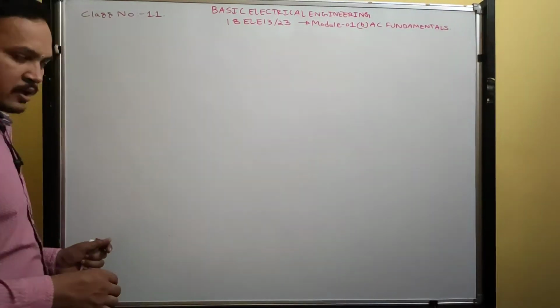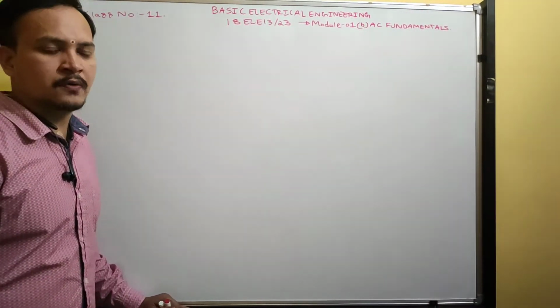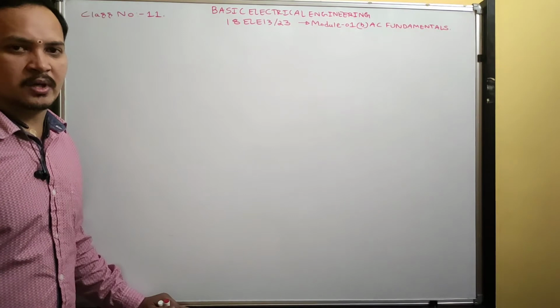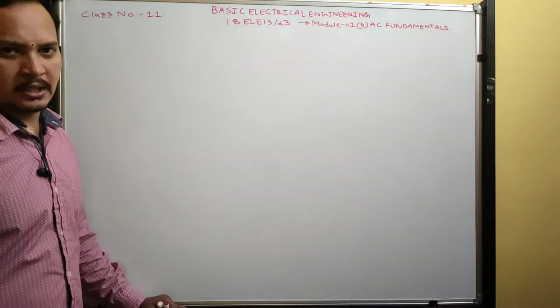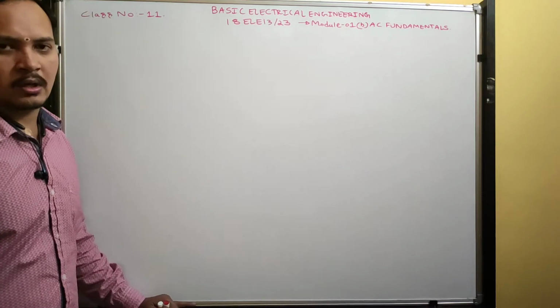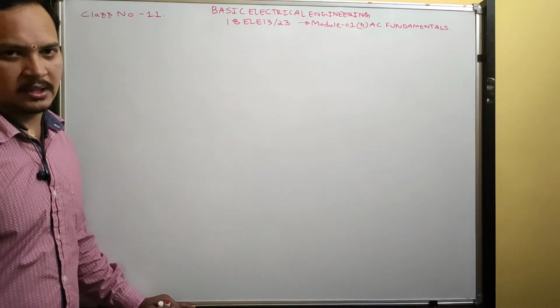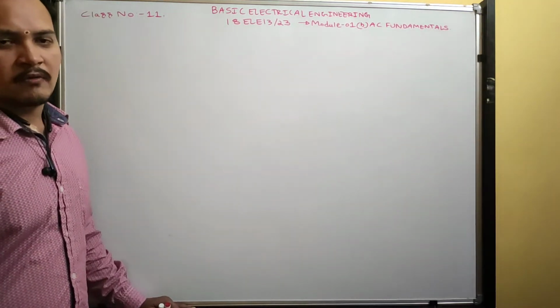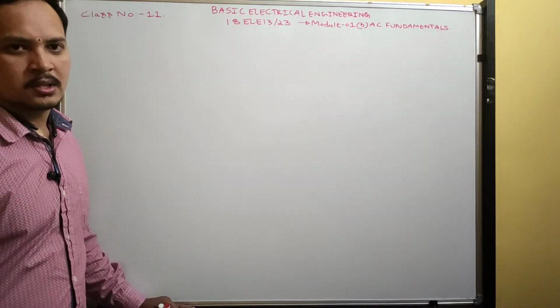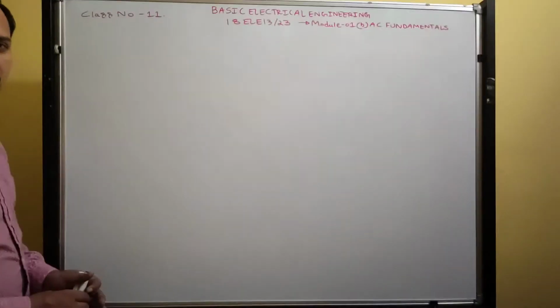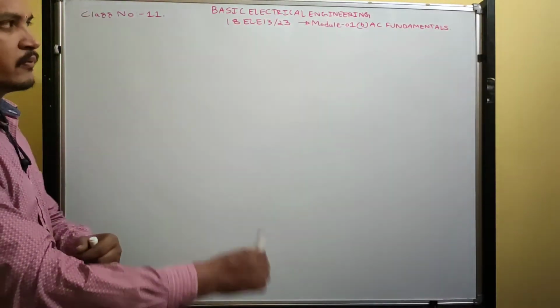Okay guys, just now we completed the derivation of the RMS value and average value of a pure sinusoidal waveform. Now we have other technical terms commonly used in AC fundamentals: form factor and crest factor. Very important, to derive EMF equations of machines we need form factor.